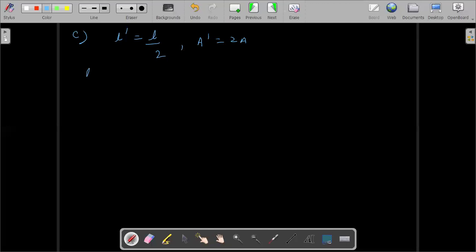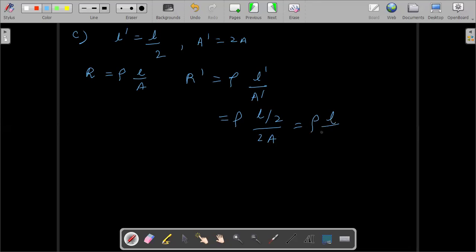So original resistance R can be written as rho L over A, and the new resistance R dash will be equal to rho times of L dash over A dash. So this will be equal to rho times of L dash is L by 2 and A dash is 2A. So you can solve this and obtain rho times of L over 4A. Okay. You now divide the two equations.